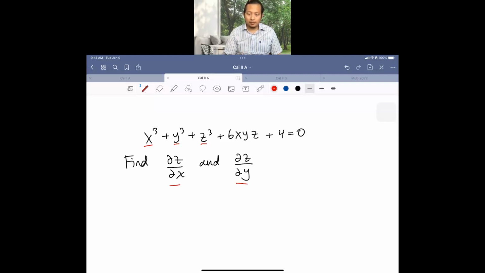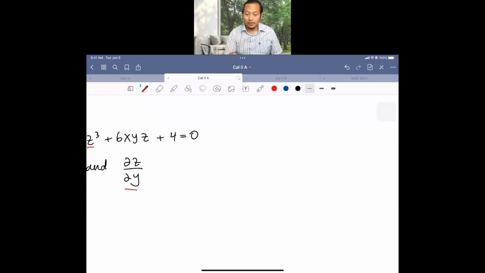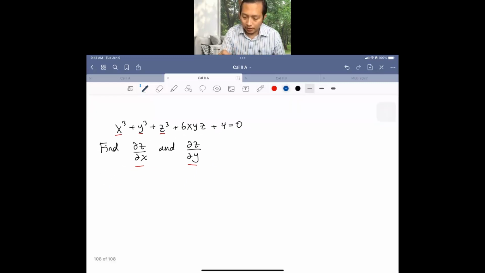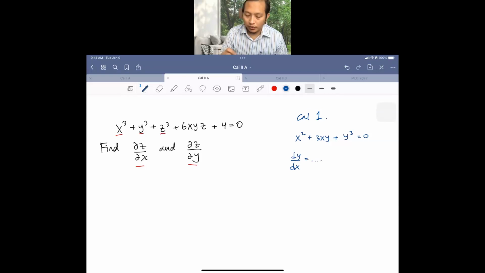In calculus 1, let me give you a context to understand this. If we have, for example, x squared plus 3xy plus y cubed equals 0, and you want to find dy over dx, we are going to implicitly differentiate.